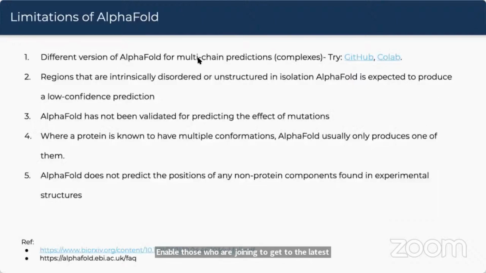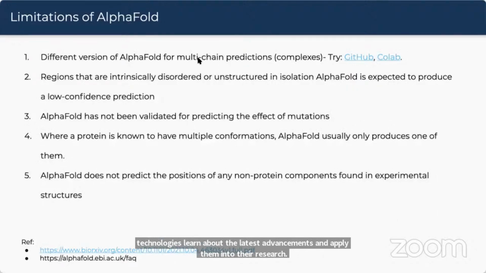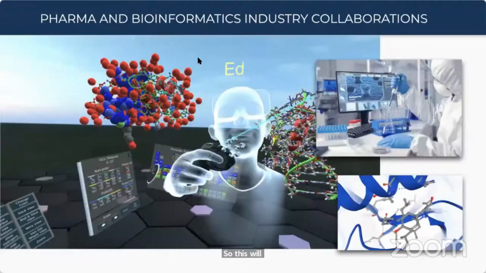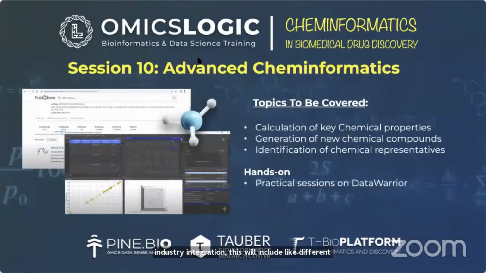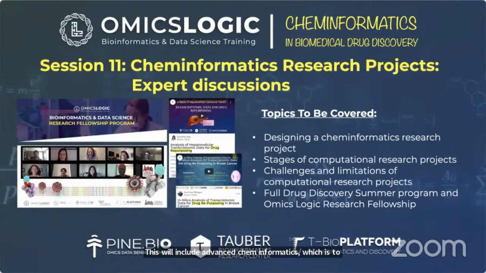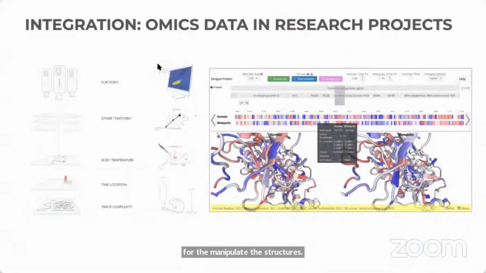So this would include pharma and bioinformatics industry integration, different types of software for molecular visualization, and advanced cheminformatics, which is to further manipulate the structures. This will include the research projects that I've been discussing, and integration of omics data in research projects, if that is your direction.